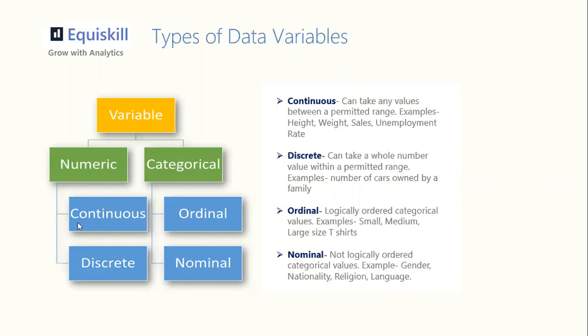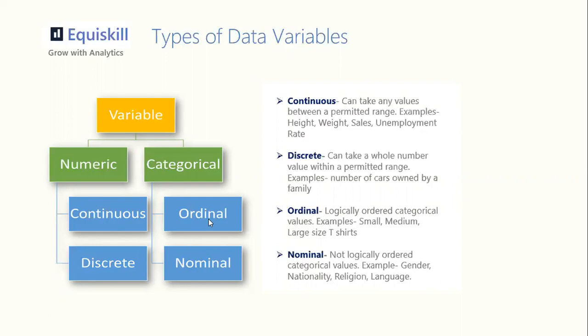For example, numeric variables could be continuous, which means they could take any value in a particular range. They could also be discrete. Now, the way people might want to think about it is continuous variables have decimals, while discrete variables don't have decimals. We'll take examples to understand this very shortly.